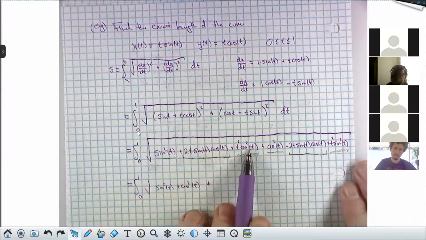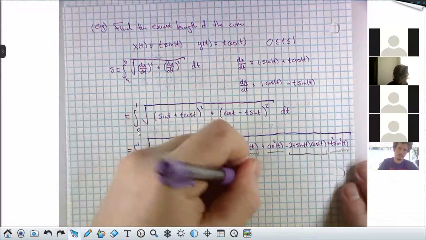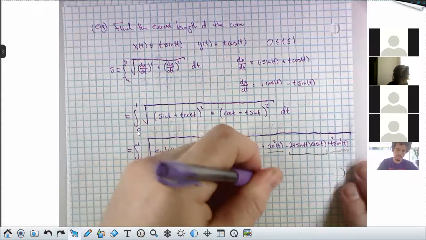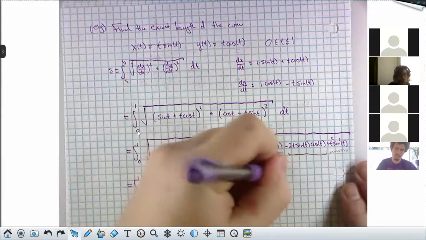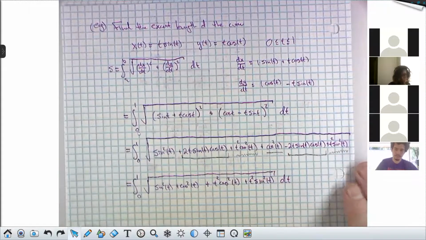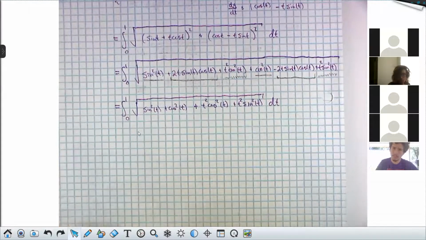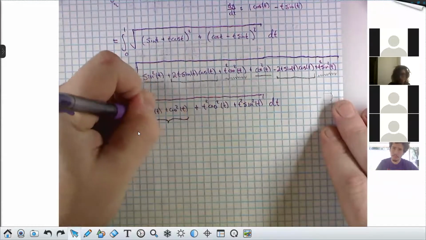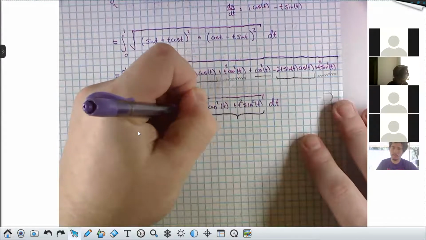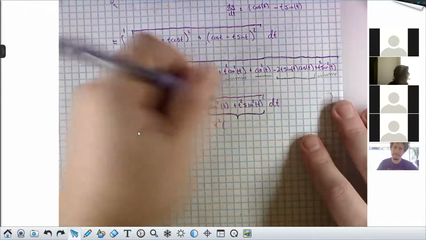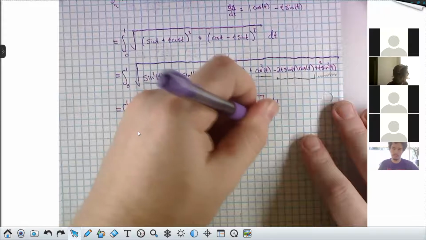And then I have t squared cos squared t plus t squared sine squared t. And all of this is under the radical, still a dt at the end. These two guys add up to 1. And these two guys, I can factor out a t squared, and then what's left is cos squared t plus sine squared t, which again is 1.